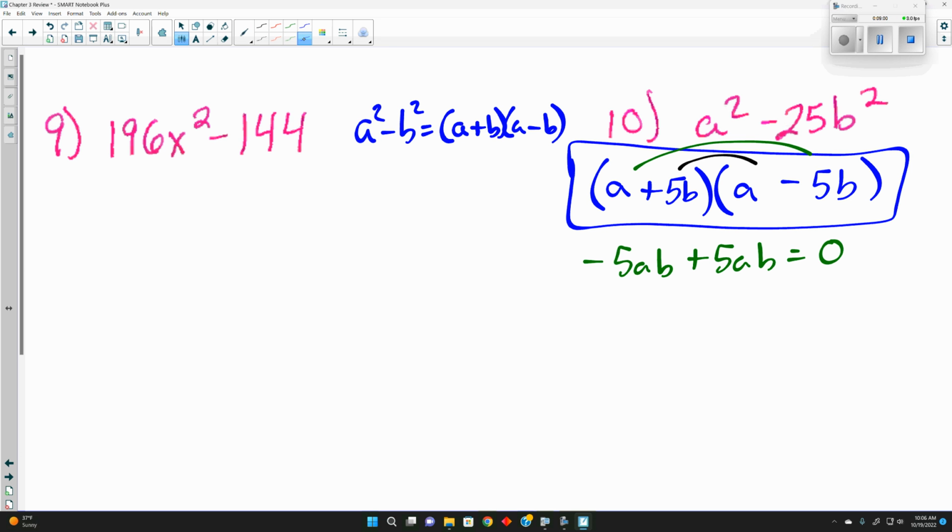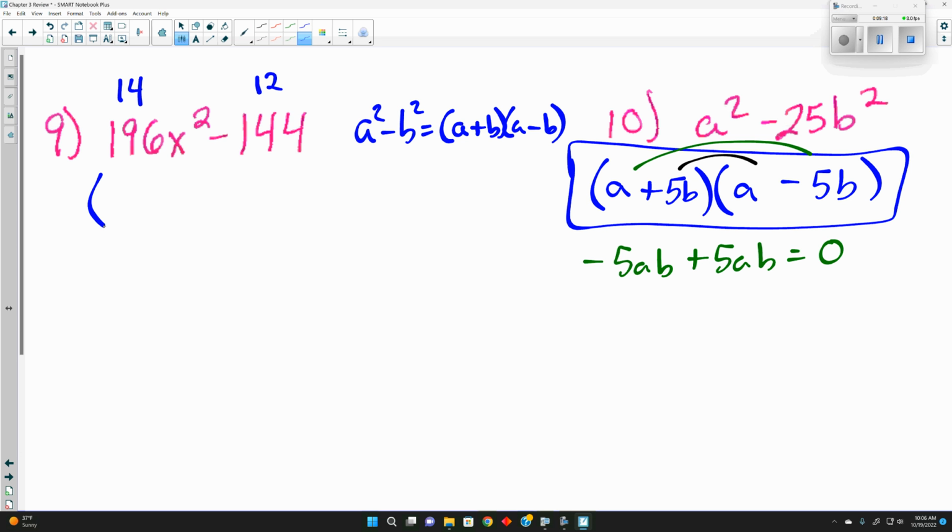And for this one here, we could check to see if it is a difference of perfect squares. What times itself is 144? What times itself is 196? 14. So these are a difference of perfect squares.